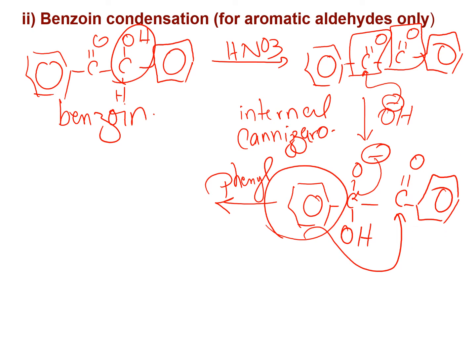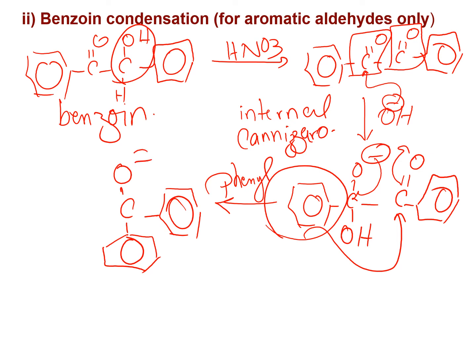You have a benzene. This benzene is attached to this carbonyl, which is now not a carbonyl because you attacked it with a phenyl group. So you broke the double bond and it's carrying an oxygen having a negative charge.